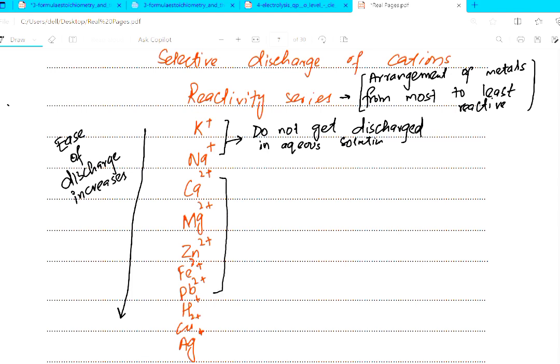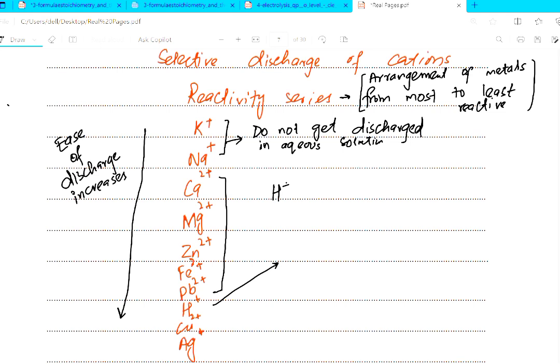Hydrogen, if we have aqueous solution. Okay, so if we have calcium and then we have hydrogen, when we have the aqueous solution, then it means there will be hydrogen. So hydrogen will be discharged in preference to the ions of metals which are above it in the reactivity series.